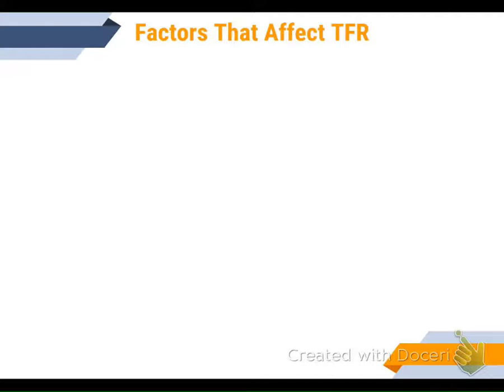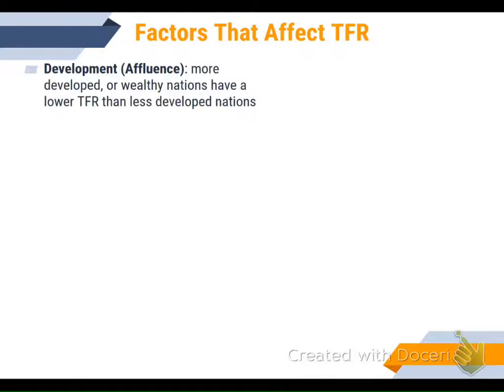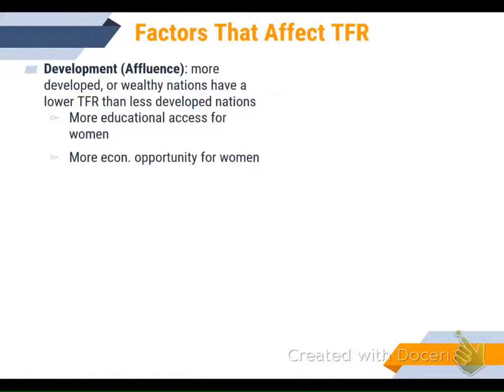So factors that affect total fertility rate: the more affluence that you have, the more developed you are, the more wealthy you are, they have a lower total fertility rate because fewer babies die. Women are more educated. Women have more economic opportunity.